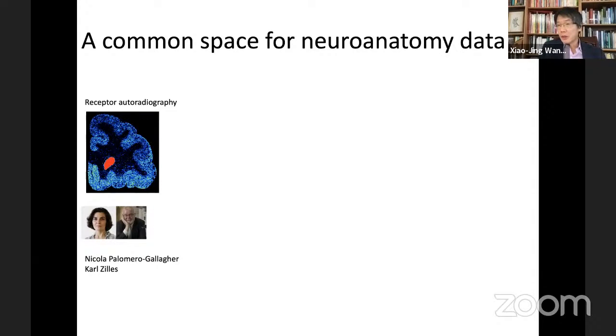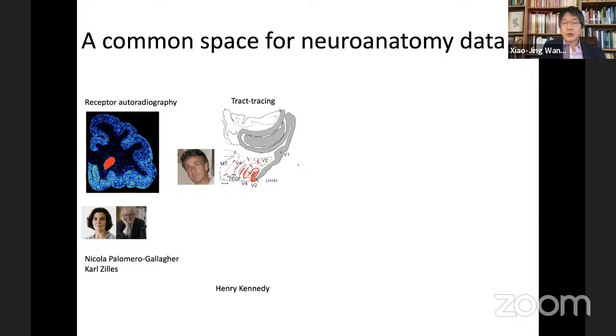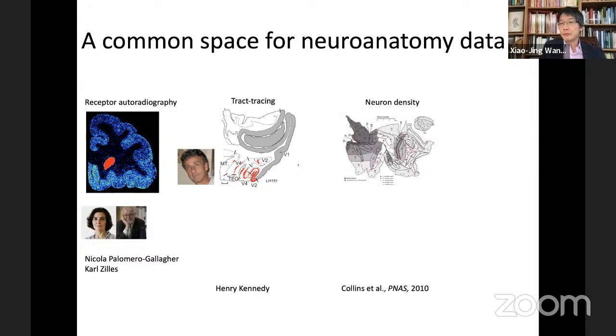In particular, I'm going to talk about the dopamine D1 receptor labeling in macaque monkey cortex, which has been known to be important for gating and for working memory storage. We also used a new inter-area connectivity matrix measured from Henry Kennedy's laboratory. And the measured density labeling data should be normalized by neuron density, so we can better capture dopamine modulation per neuron.